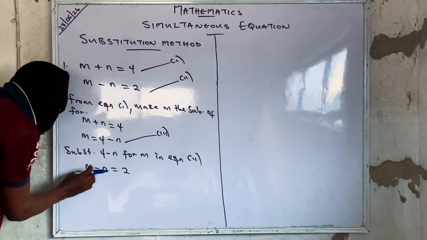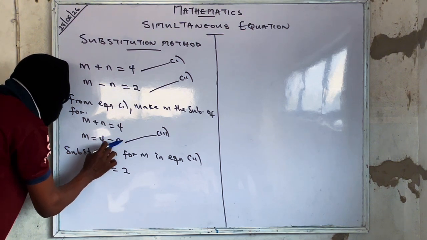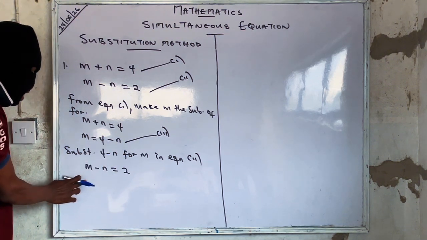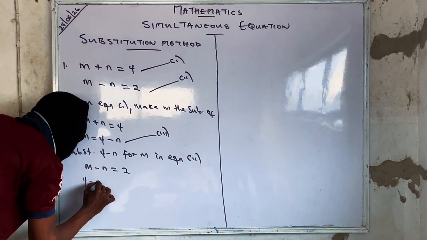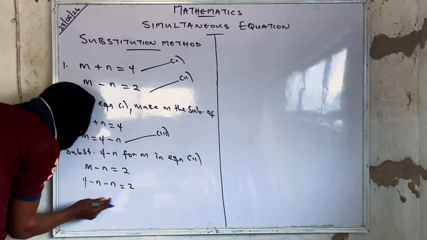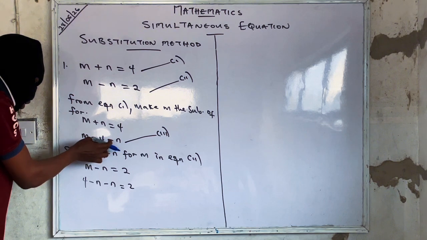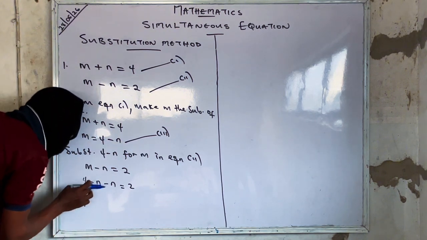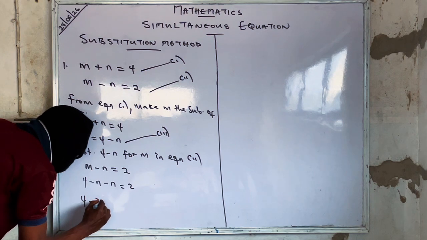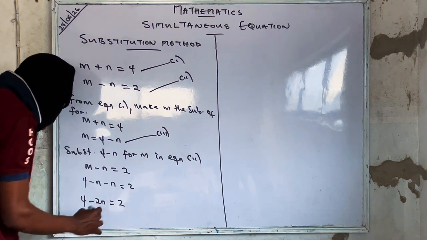So it's 4 minus n minus n equals 2, because your m is already 4 minus n. Now, minus n minus n is minus 2n, so 4 minus 2n equals 2.